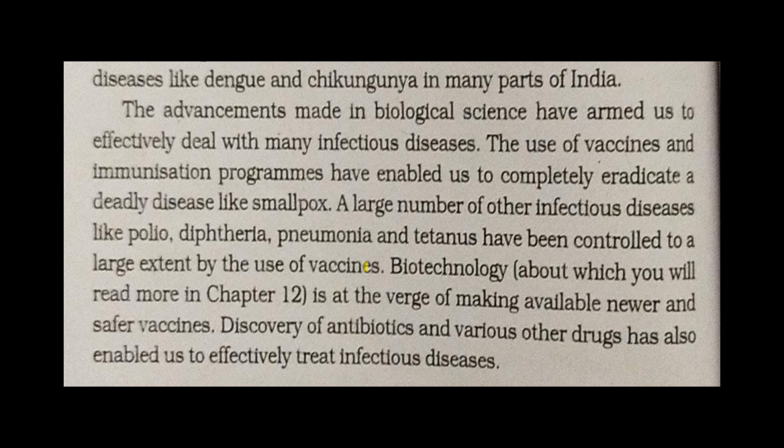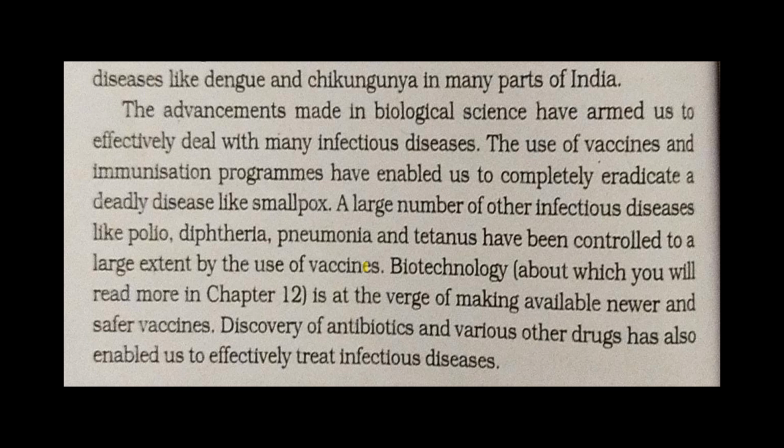The advancements made in biological science have armed us to effectively deal with many infectious diseases. The use of vaccines and immunization programs has enabled us to completely eradicate a deadly disease like smallpox.